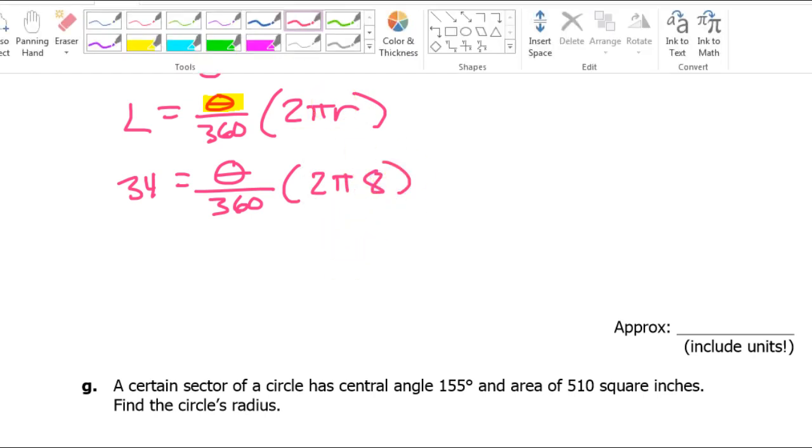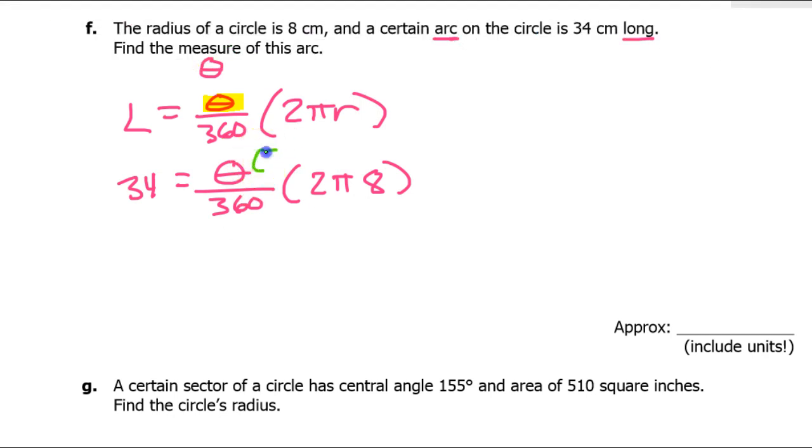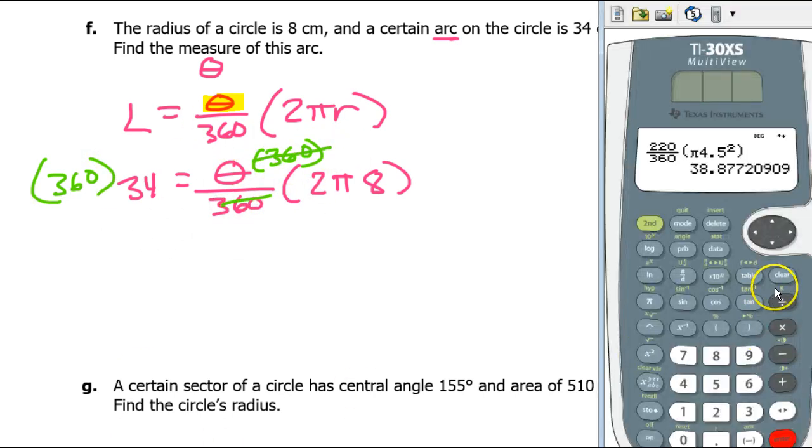So if I were you, I would multiply by 360 on both sides in order to cancel these out. So the question is, what is 360 times 34? 12,240.